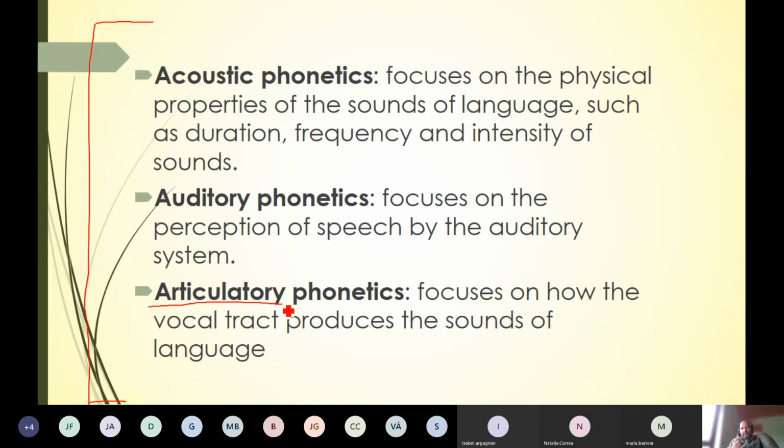When you speak, for example, now that I'm speaking, I'm articulating these sounds with the organs in my mouth and nose. If we were facing each other, this airstream comes from the lungs.